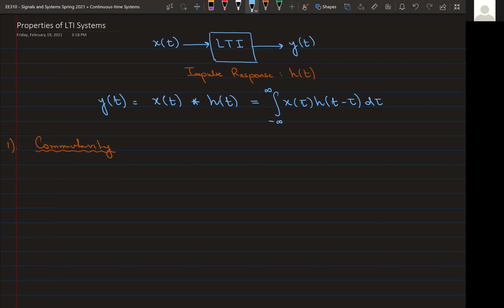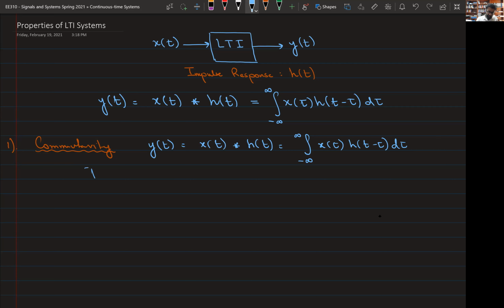Right. So commutativity just means that y of t is equal to x of t convolved with h of t, which is the integral from minus infinity to plus infinity of x of tau times h of t minus tau d tau. And if you recall, this is a proof that we did some time ago.